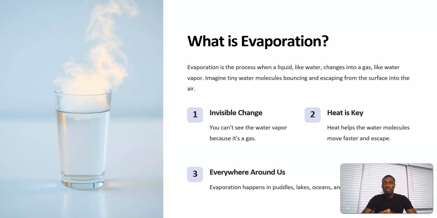There are things that really go into evaporation. The first is the invisible change, which means it is something we can't see, the water vapor, because it's a gas. Two, heat is key in evaporation.